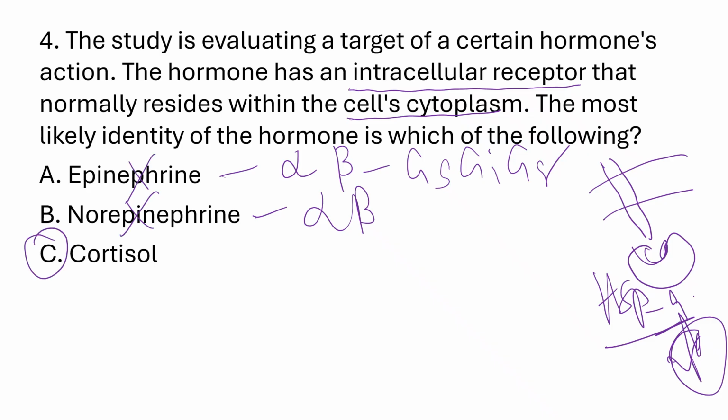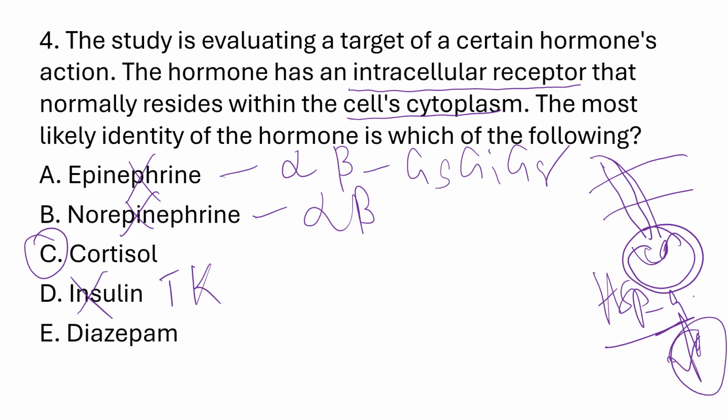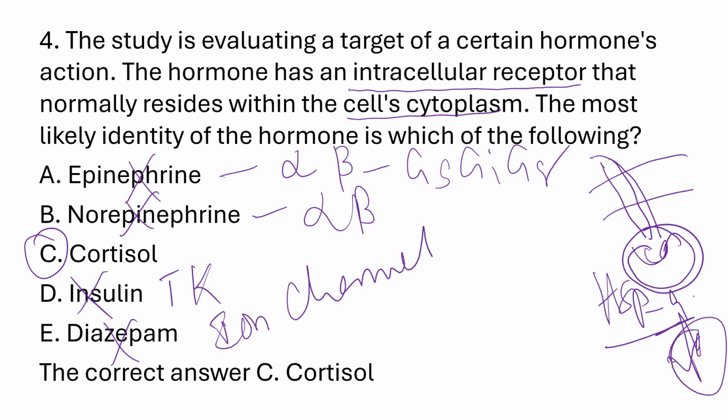So cortisol crosses the membrane, binds to the cytoplasmic receptors, produces the transcription and synthesizes messenger RNA to produce various responses. Insulin, tyrosine kinase, right? So not intracellular. And diazepam is the ion channel. So the correct answer is cortisol, intracellular receptor.